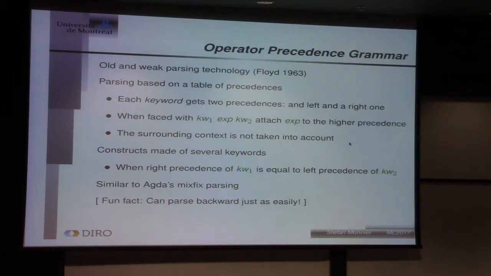And the way it works is that you have, basically, it works on pairs of keywords separated by some kind of sub-expression, and the question is basically what do you do with this sub-expression? Do you associate it with the left, or do you associate it with the right? And this choice is made without paying attention to the surrounding context. That's the crucial part that makes it work.